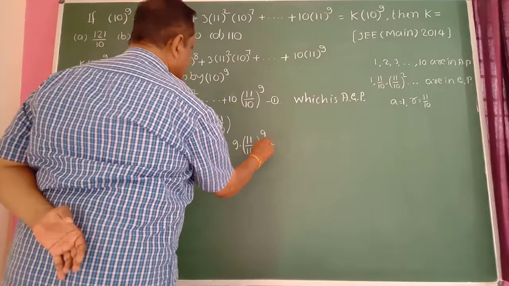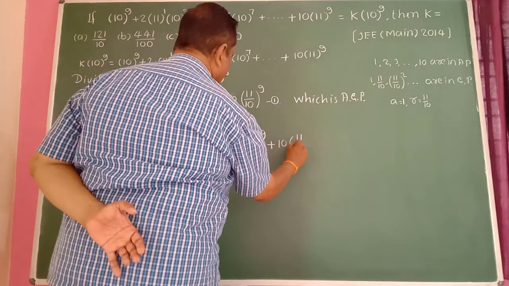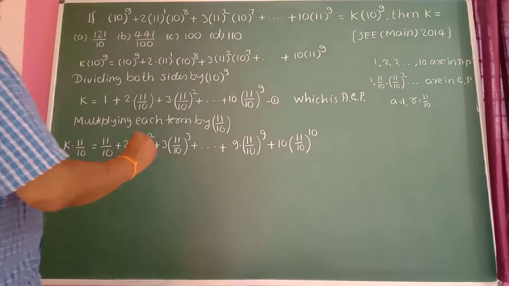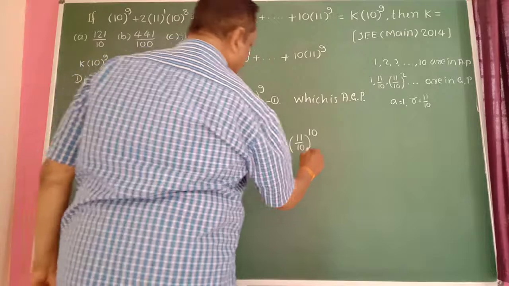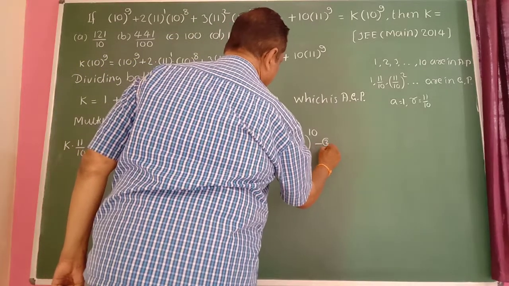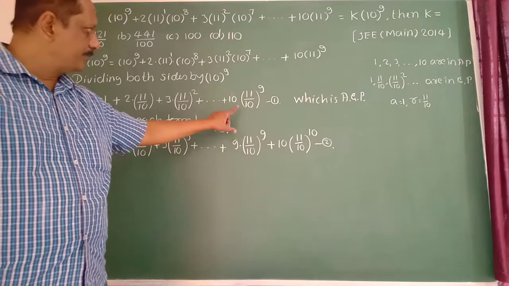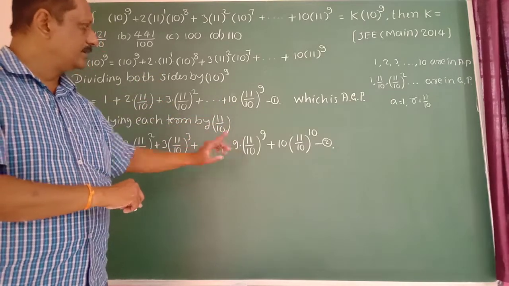Plus then 10 into 11 upon 10 raised to 10. Therefore, this is the second equation, equation number 2. Multiplying each term by 11 upon 10, multiply that previous term by this one, we get this.